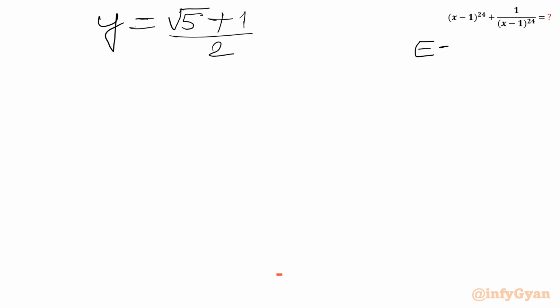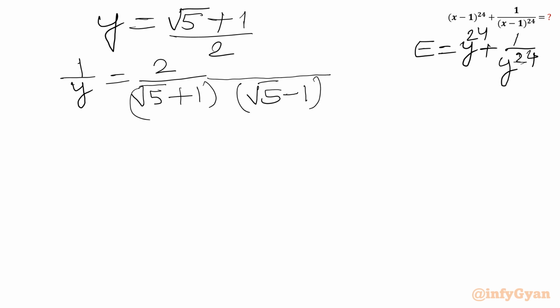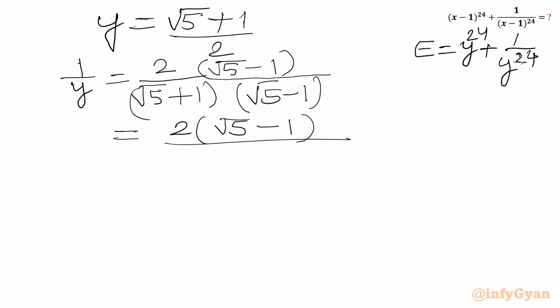And our required expression is y power 24 plus 1 over y power 24. Now I will calculate 1 over y also, which will be equal to 2 over (root 5 plus 1). Let's rationalize our denominator. So we need to multiply with root 5 minus 1 in the denominator and numerator. So we can write 2 times (root 5 minus 1) over (a plus b) times (a minus b).